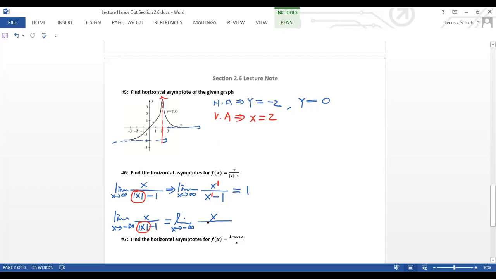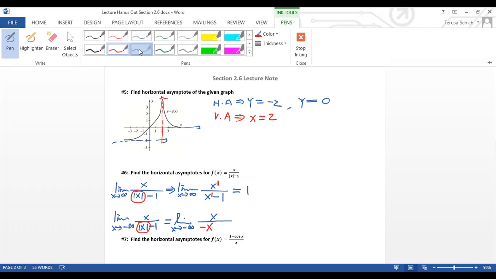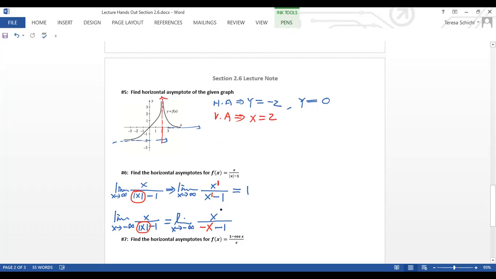If x is negative, what do you need to do when you break the absolute value? You need to add the negative sign in front, right? So now they still both have the first exponent. From the polynomial rules, I know the limit here is -1. So how many horizontal asymptotes do I have? I have 2, right? I have y equals 1 and y equals -1, all right?